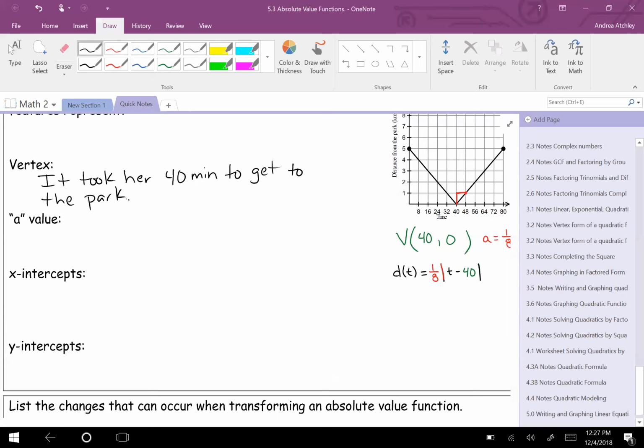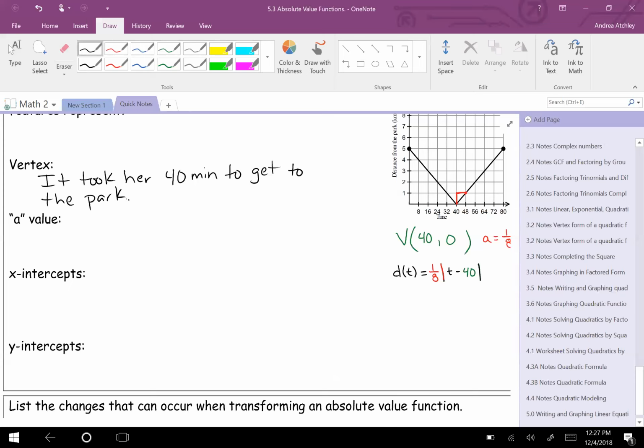What about the a value? The 1/8. I know it's going to decrease the time. You ran 1 kilometer. Not quite, the a value would not be the whole distance to the park. Someone was saying it over here, ran a kilometer.